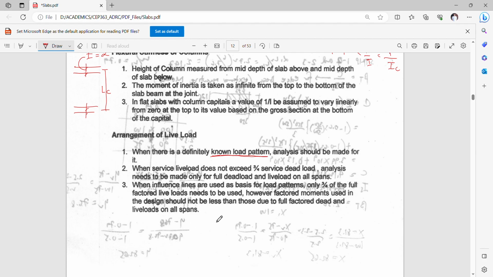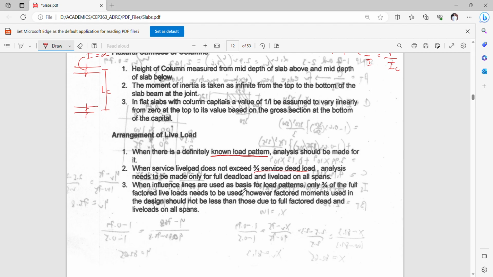When service live load does not exceed three-fourths of the service dead load, then you may use in the analysis the full dead and live load on all spans.